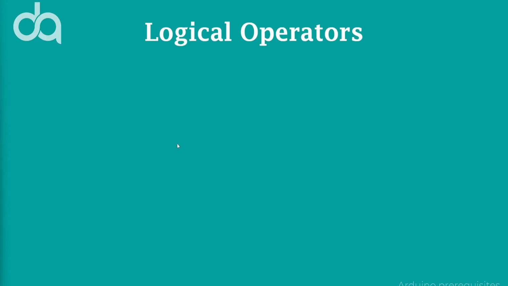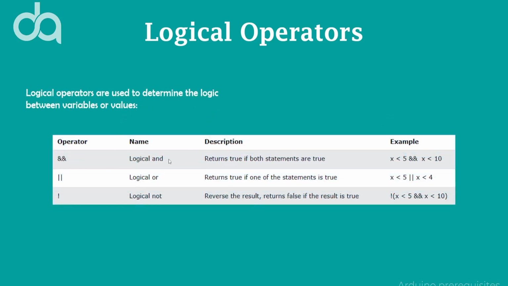And for the last part, logical operators. As with comparison operators, you can also test for true or false values with logical operators. Logical operators are used to determine the logic between variables or values. You can see the list of logical operators here: logical AND, logical OR, and logical NOT.